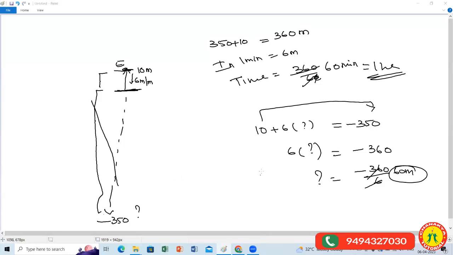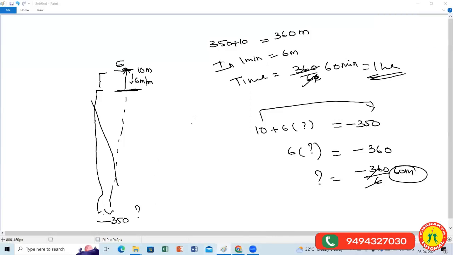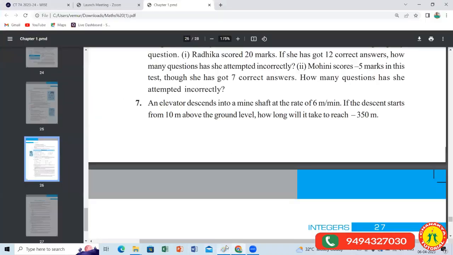Ma'am, I have a question. Ma'am, we need to verify it. Verify the following. Anubhav, what's your doubt? Ma'am, please open the question part. Ma'am, question 7. Yes, Nana.